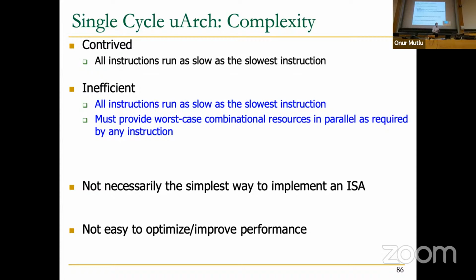For example, because you're doing everything in one cycle, you cannot use the same ALU to do PC+4 while also using it to do an arithmetic operation. Does that make sense? You have to have two ALUs. One needs to do the PC+4, and the other needs to do the arithmetic operation, because everything happens in the same cycle.